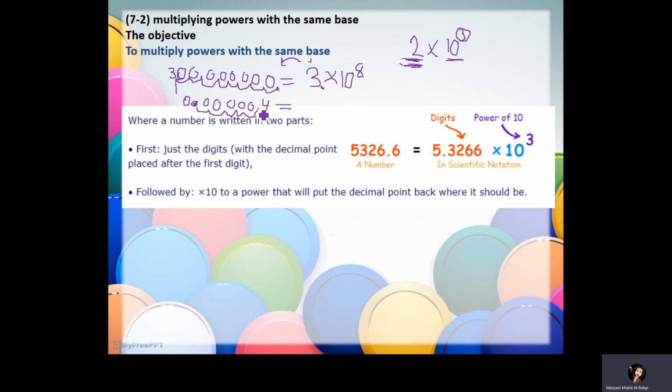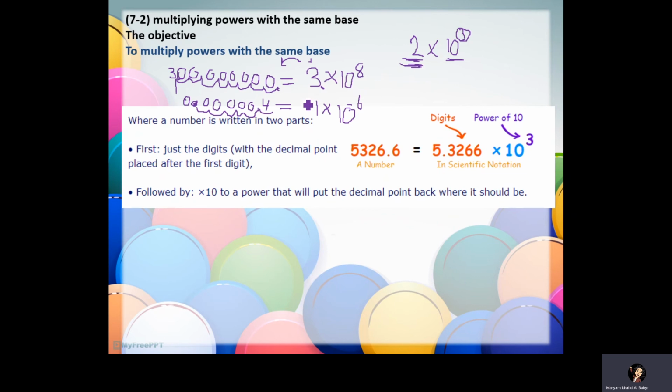I need to put my decimal here at least so I can have an acceptable number. Or let's move it one more to make it a whole number. So 1, 2, 3, 4, 5, 6. So I'm going to write 4 times 10 to the power negative 6.